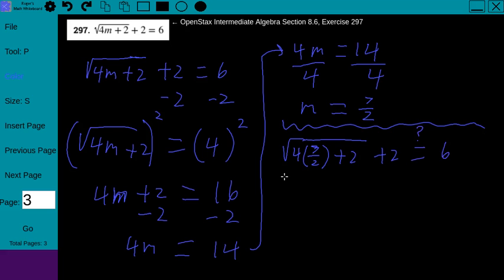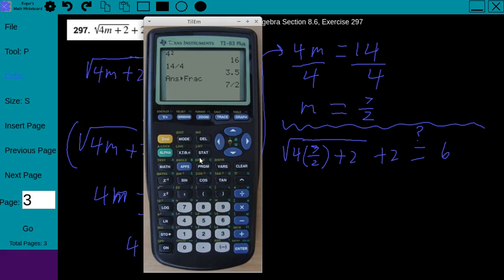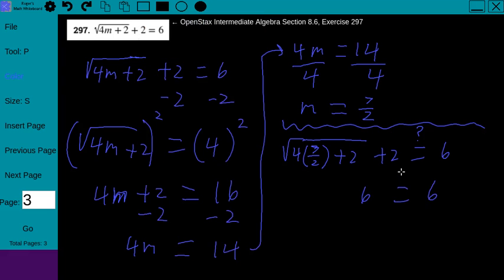I'm not going to go through all of the work of checking that manually, but I will put it in the calculator: 4 times 7/2, and we've got plus 2 in there, plus 2. So does 6 equal 6? That's the question. Yes, in fact it does. So because we got a true statement here, that proves that the value we got from our original work is in fact the answer to this problem.